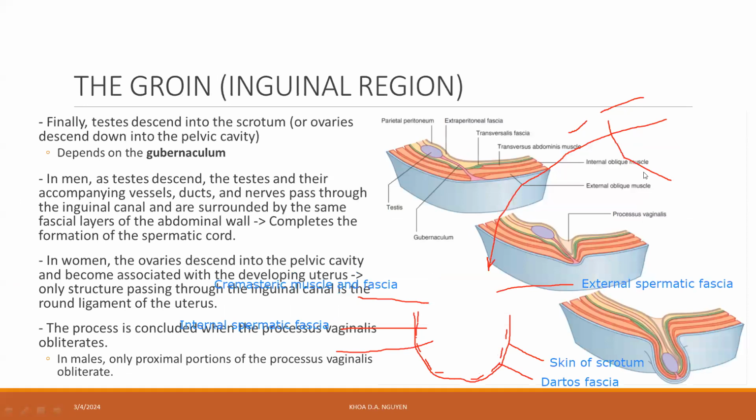Okay. Remember when we said that the processus vaginalis is going to invaginate into the scrotum area in the male, and then eventually got cut off from the abdominal cavity? Well, guess what? The portion of the processus vaginalis that got cut off becomes a pouch that is going to just surround the testicles, okay?